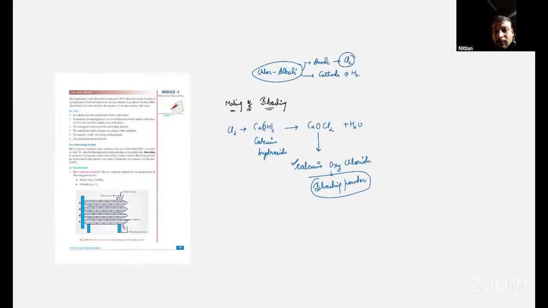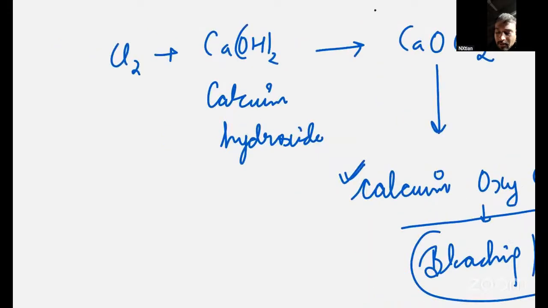In the chlor-alkali process, which we learned on Friday, at the anode we get chlorine gas, and at the cathode we get hydrogen gas. Now, when this chlorine gas reacts with calcium hydroxide, which is also called, anybody can give me another name? Jashan?